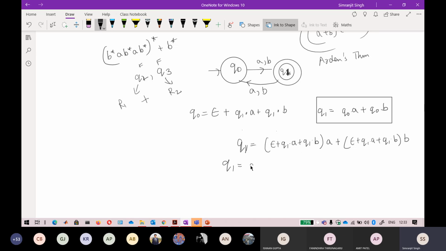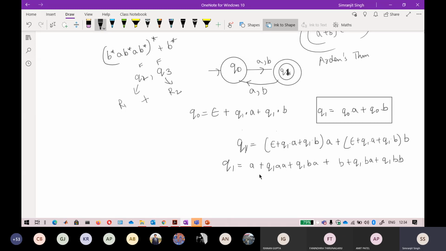So multiply it, you will get a, then q1 aa, then q1 ba. After that, b plus q1. I think we are getting something. Previously I suspected that something was wrong. Now if you see, the expression has q1 in it as well.